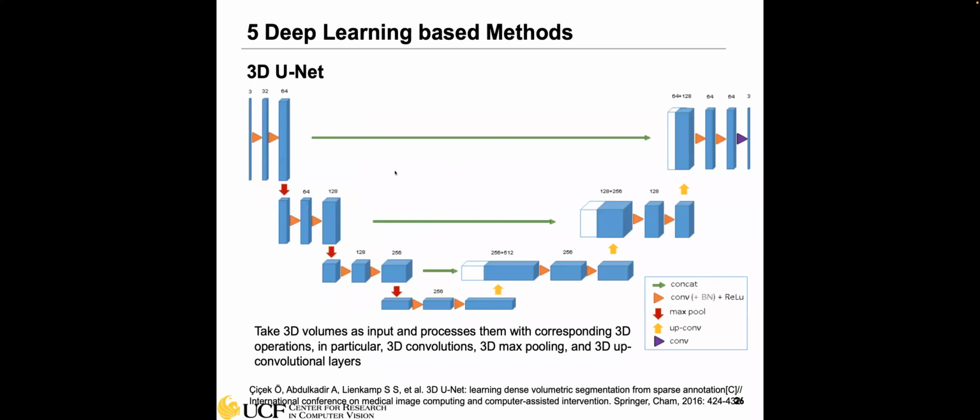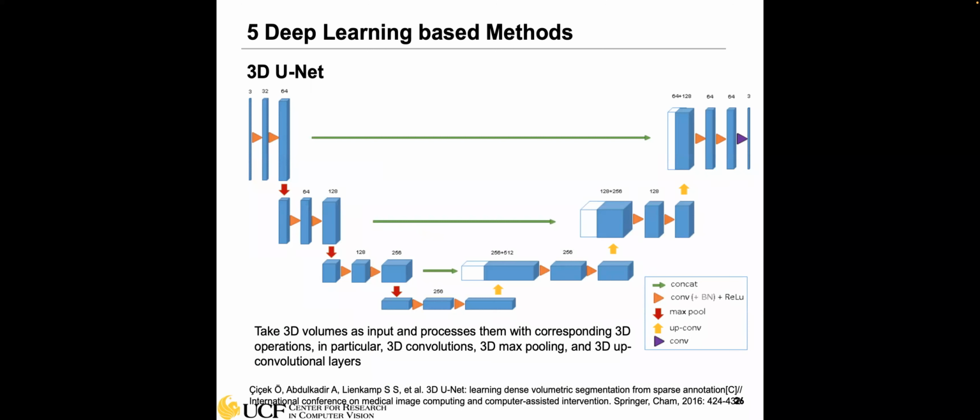So the U-Net is actually a 2D convolutional neural network. And a lot of medical images are 3D volumes, for example MRI and CT, so you have multiple slices, not just a single 2D image.